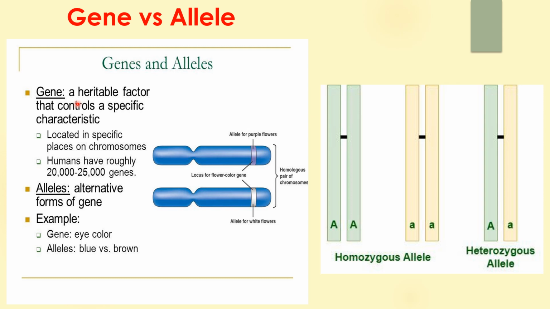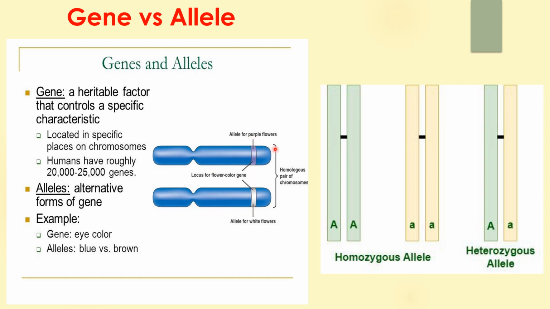DNA means they must be present on the chromosome. Got me? DNAs are present where? On the chromosome. DNAs are packed tightly in the form of chromosomes, right? So a particular segment of DNA, the gene, must be present on the chromosome.